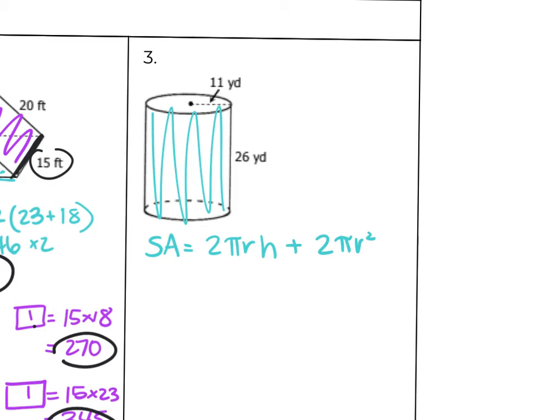But why is this 2 going to be on there? There's 2 circles. Okay, so reminder. So just either look at this or write it down, whichever you feel like you'll remember better. This part is representing the what? What part of the cylinder is that? The rectangular piece around the side.